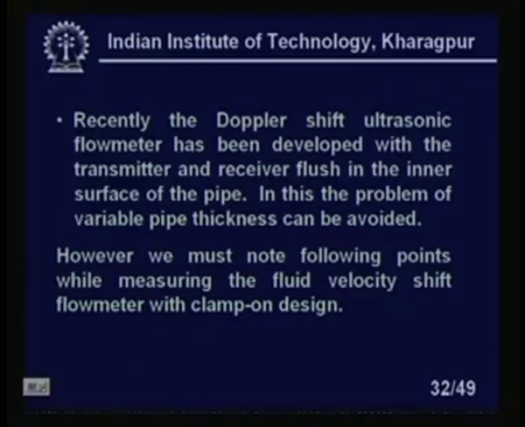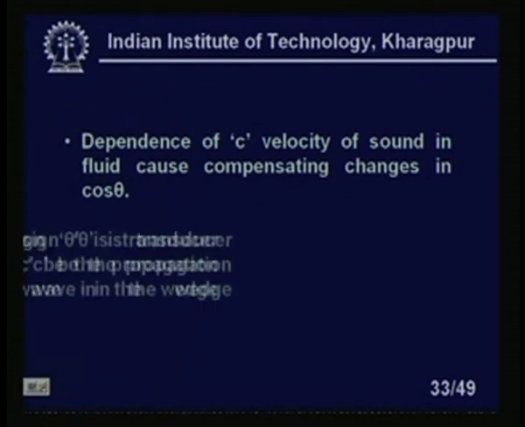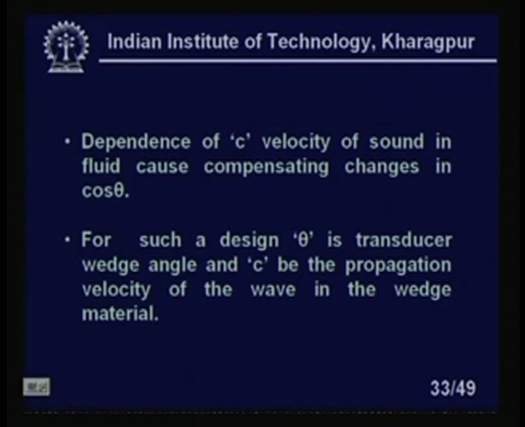However, we must note the following points while measuring the fluid velocity with a Doppler shift flow meter with the clamp-on design. Dependence of c, the velocity of sound in the fluid, causes compensating changes in cos theta. For such a design, theta is the transducer wedge angle and c is the propagation velocity of the wave in the wedge material. What is that?